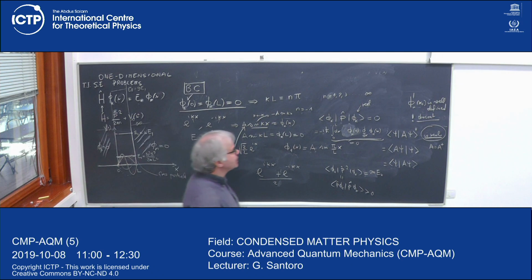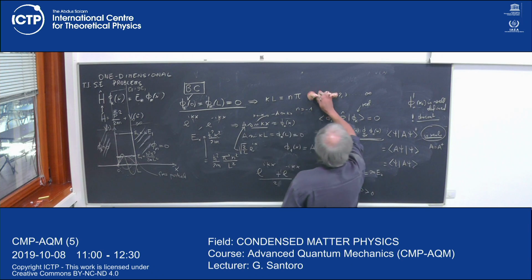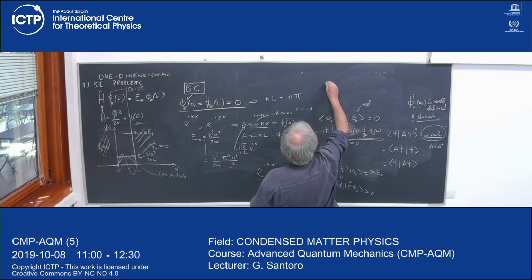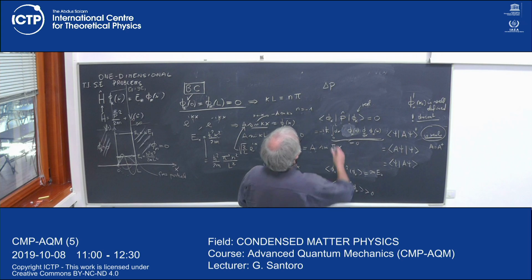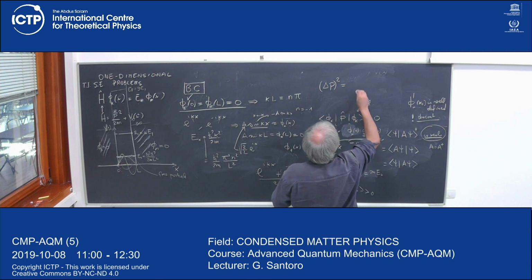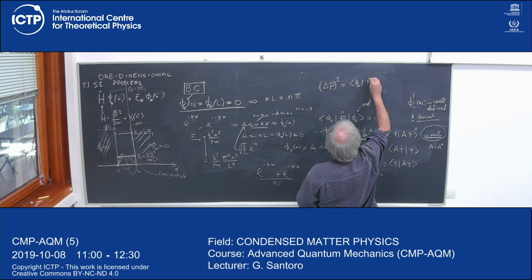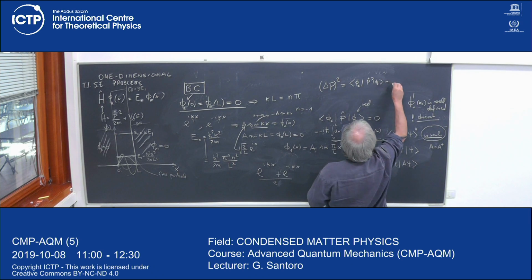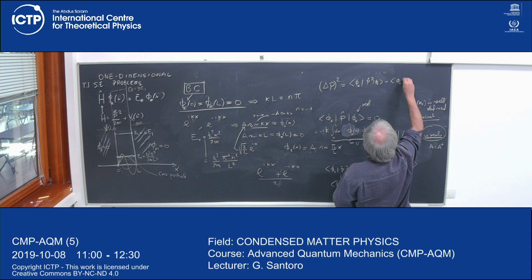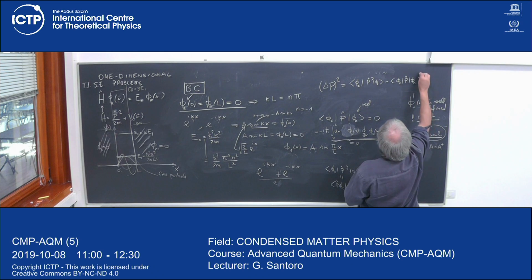So if I ask you what is the spread, I can ask you several questions. For instance, I can ask you what is the spread of momentum in this function. Let's start with the spread squared. As you know, this is equal to the average of p squared over phi k minus phi k p phi k squared.